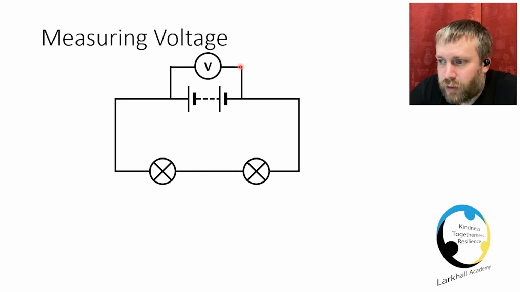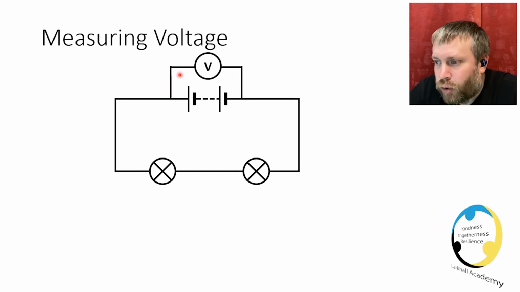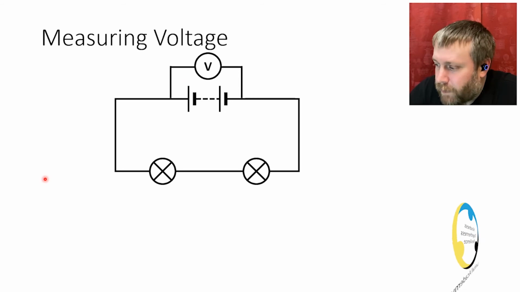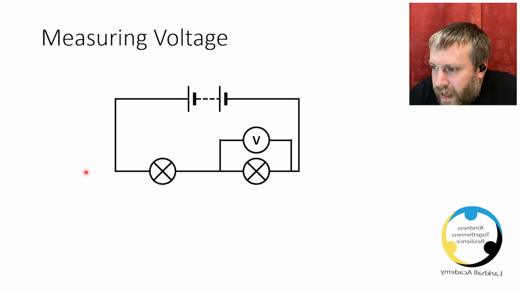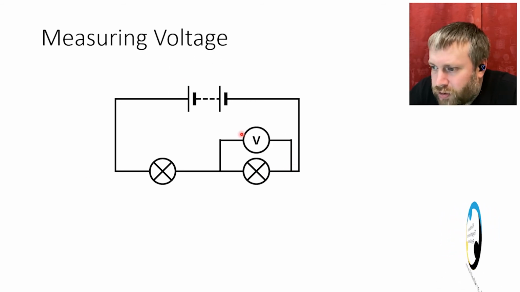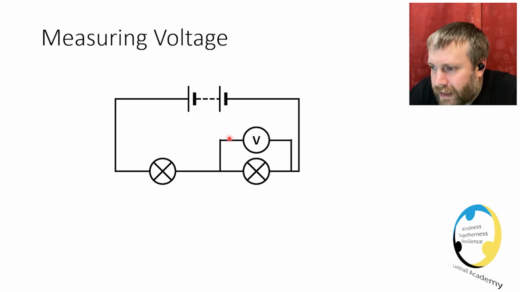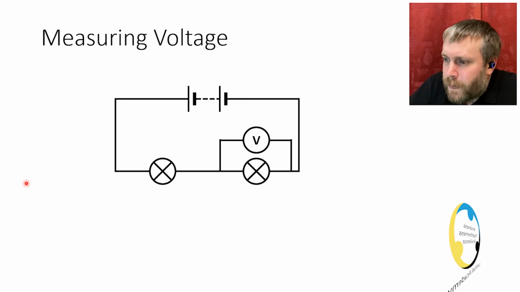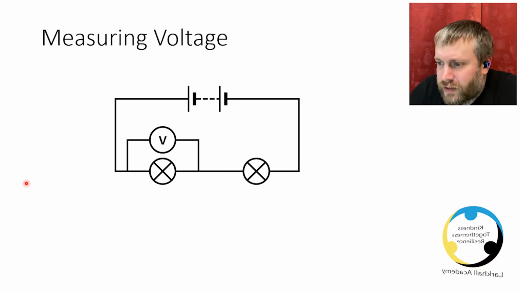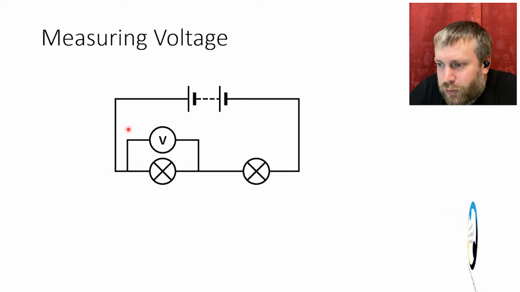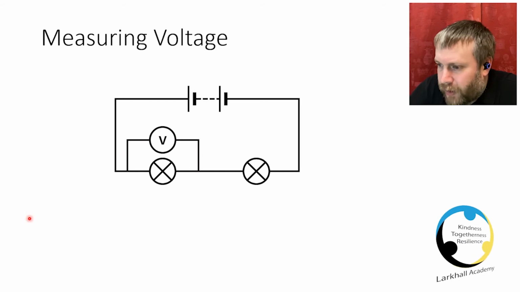That's what we're looking at. We're looking at this voltage across the battery here. We could do the same down here. We could do the voltage across this first lamp here, that'd be brilliant. We can put the voltage across this second lamp here, that's absolutely fine as well.